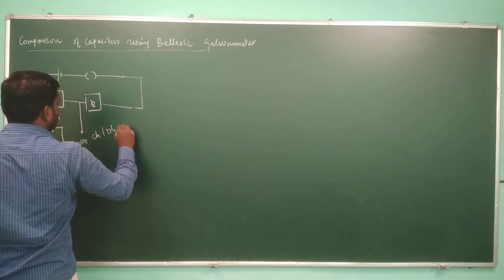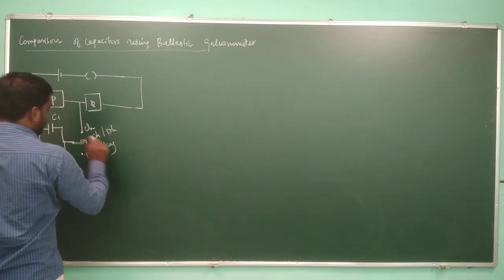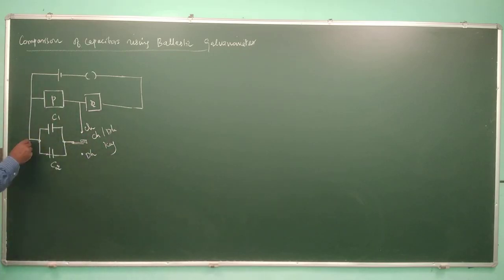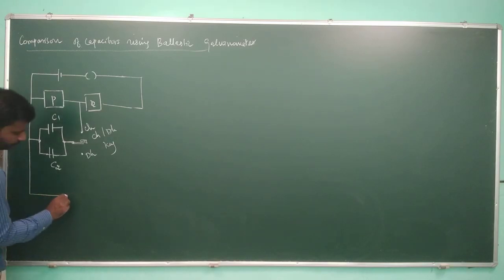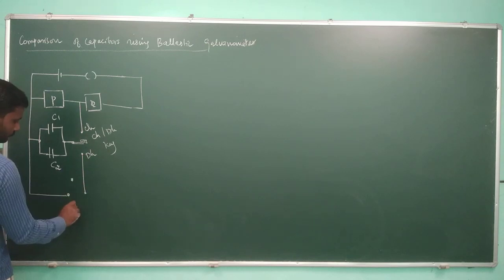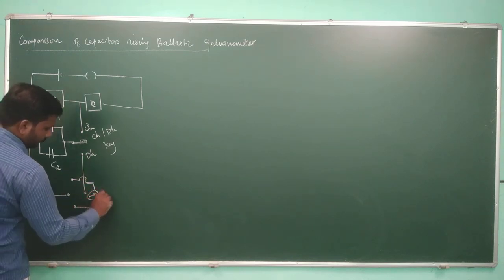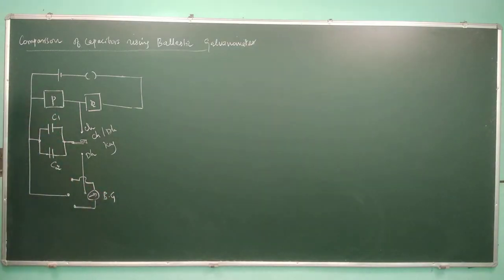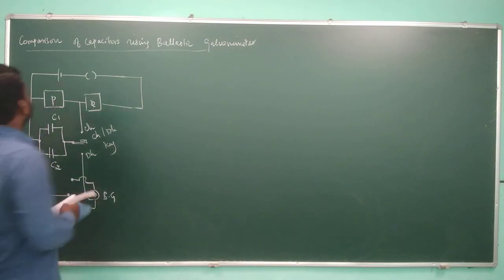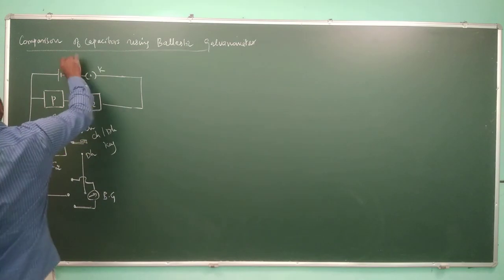So this is charge, this is discharge, and this charge at the capacitor will be allowed to pass through a galvanometer. Right, this is a key and this is a battery, or you can say the electromotive force E.